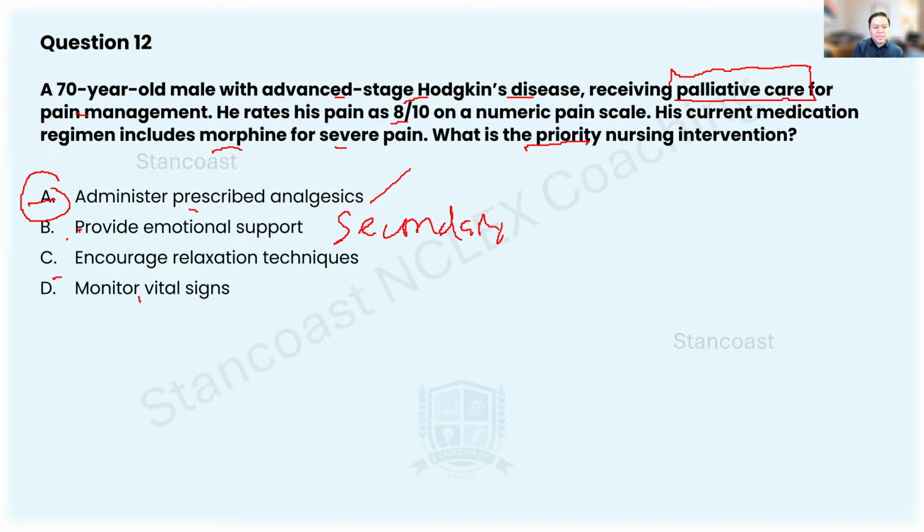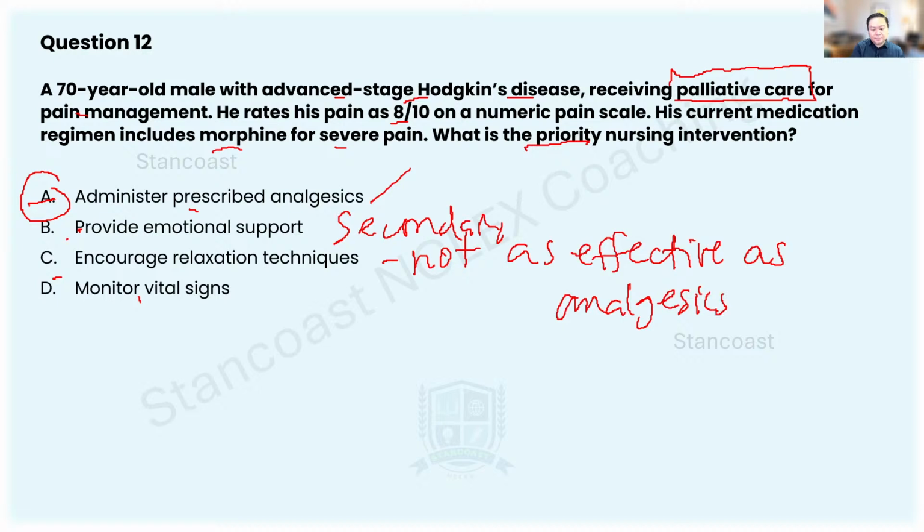The same thing with encouraging relaxation techniques, but again, not as effective as administration of the analgesics. Okay, and then monitoring of vital signs is also necessary, but will not really address the severe pain of our patient, which is 8 out of 10. Okay.